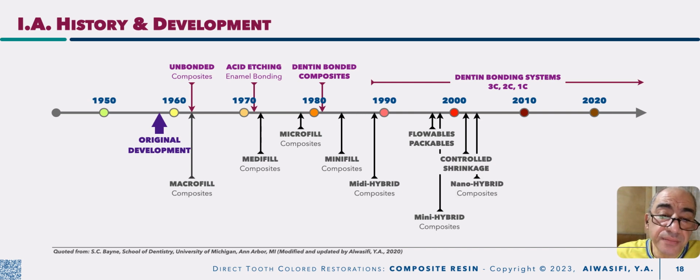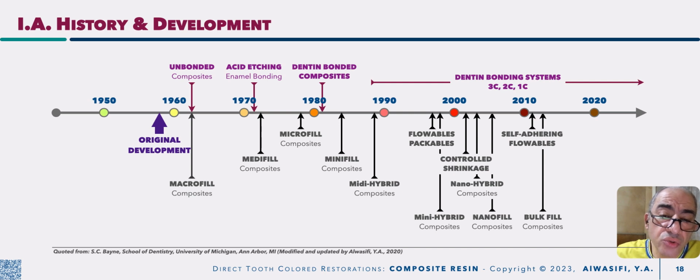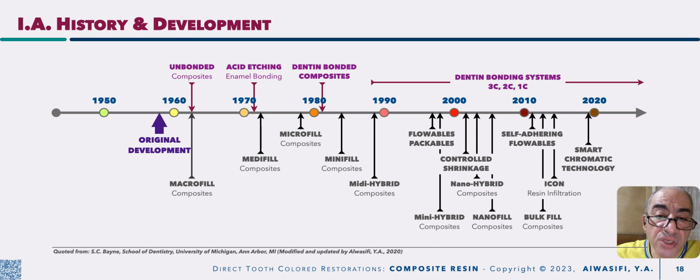Okay, then came nano-hybrid composite and nanofill composite in 2005, self-adhering flowable in the early 2010s, bulk fill composite about 2014, ICON resin infiltration in 2015, smart chromatic composite in 2019, and we don't know what comes tomorrow, because the continuous refinement and improvement of the material to counteract the technique sensitivity and to improve its properties is continuous over time, and we don't know when it will stop.